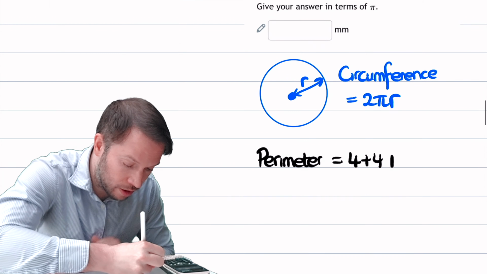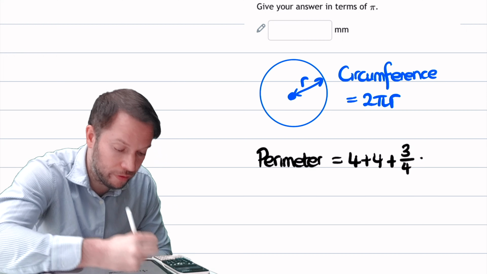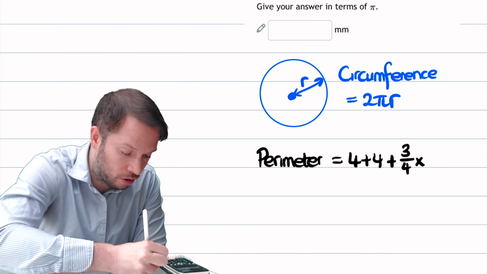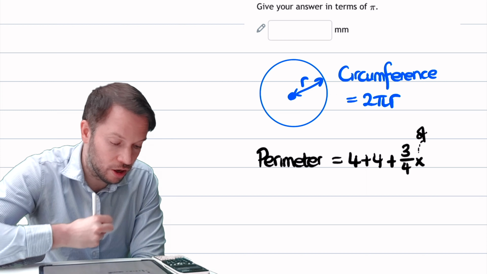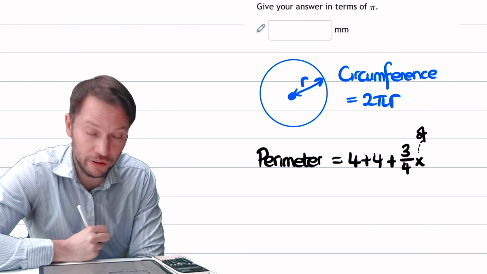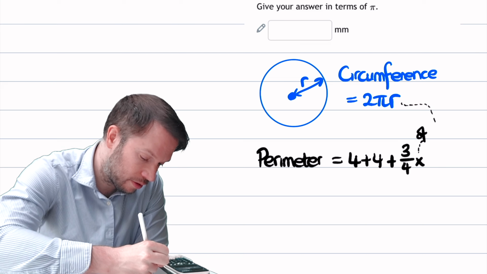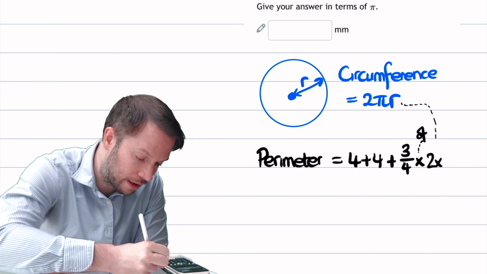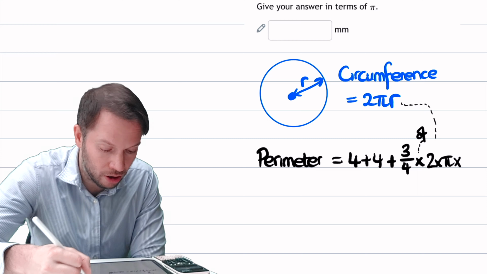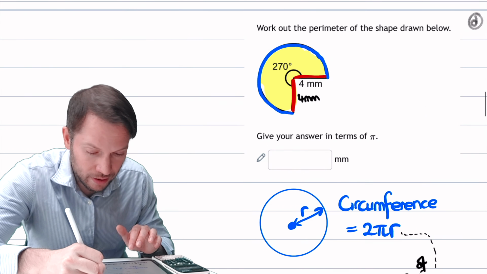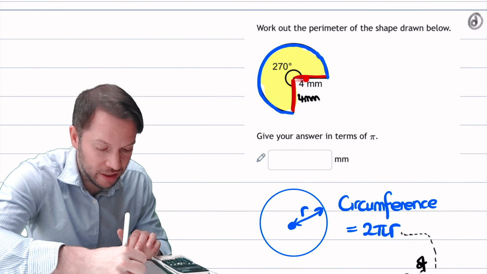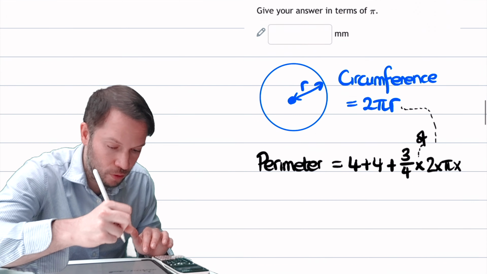So we're going to do 3/4 of, you can replace the word of with times, and then the circumference of a full circle, which we said is 2 pi r. So we need to do 2 times by pi times by r. Now the radius here, we can see on the diagram, is 4 millimeters. So we times it by 4.